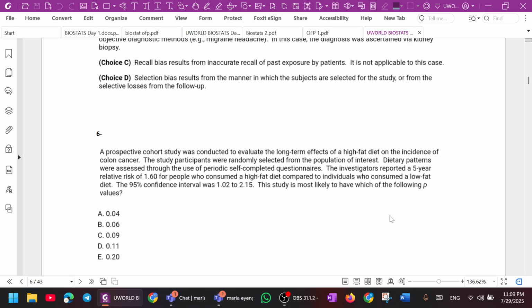Dietary patterns were assessed through periodic completed questionnaires, and the investigators reported a 5-year relative risk of 1.60 for people who consumed a high-fat diet compared to individuals who consumed a low-fat diet. The 95% confidence interval was 1.02 to 2.15. The study is most likely to have each of the following values.